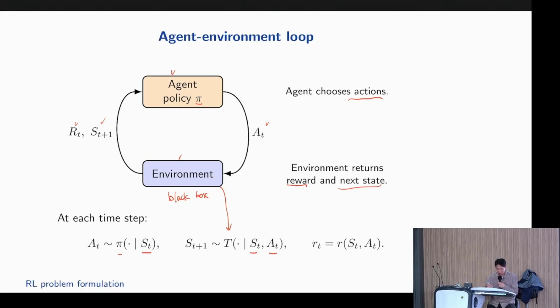In real life, this is never available, but you can sample from this. You can sample, but you have no analytic form for this distribution. Also, reward is given from the environment. That's the setup, and you want to optimize this guy.